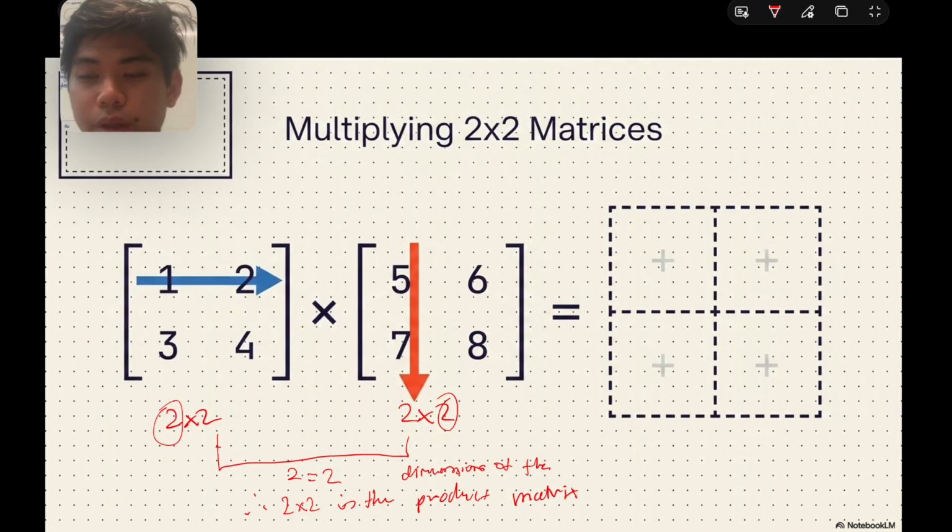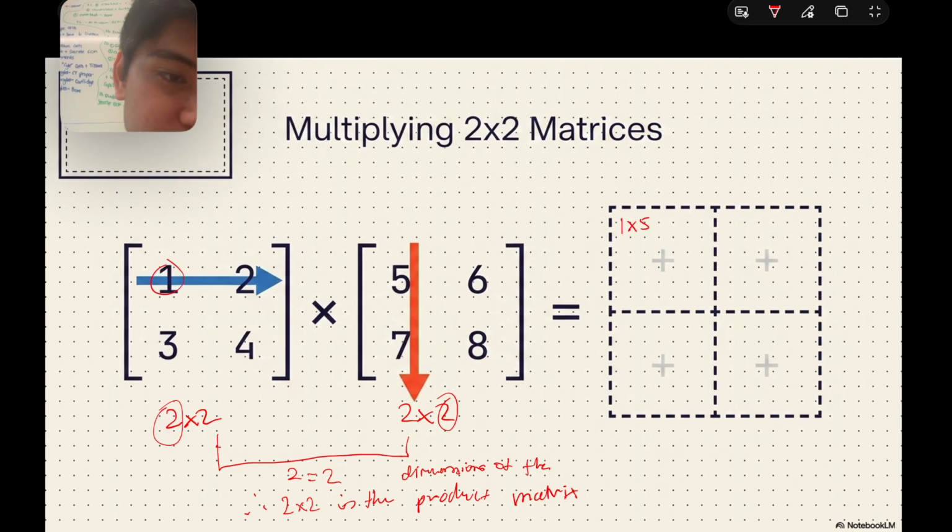So let's do this together, step by step. For our top left, we're going to be doing row 1, column 1. So 1 times 5 plus 2 times 7, which gives us 5 plus 14 equals 19.